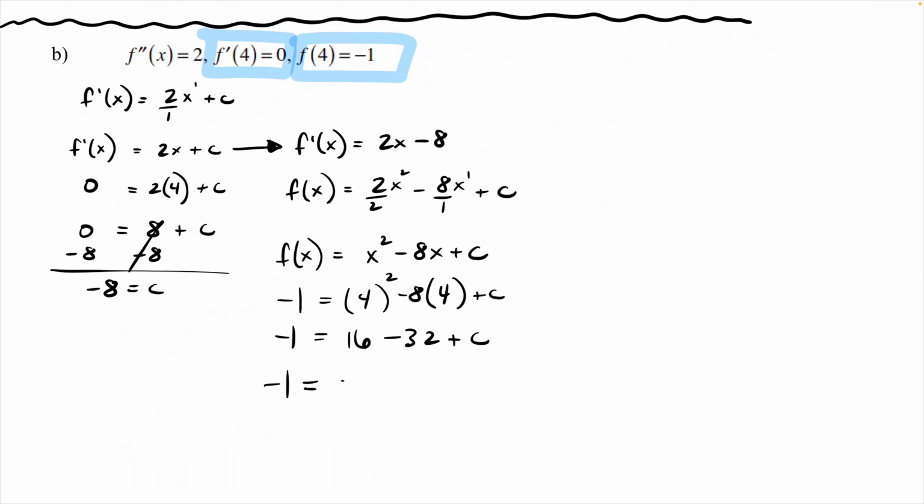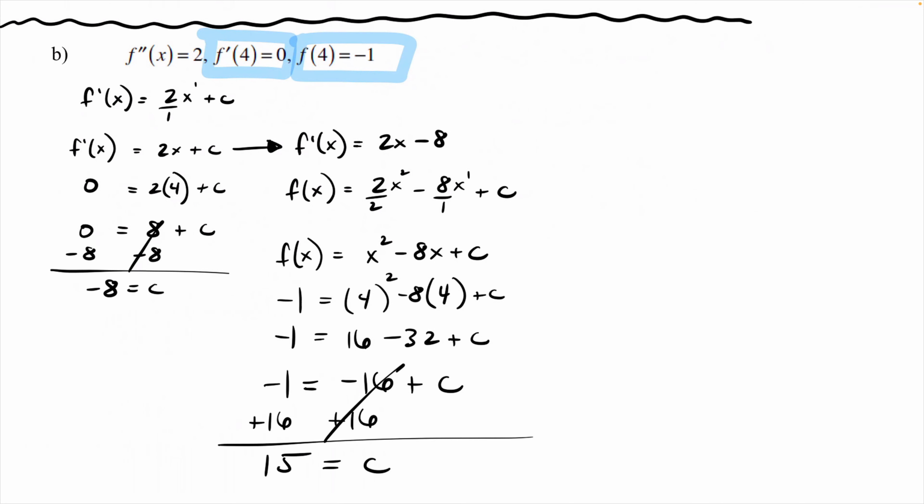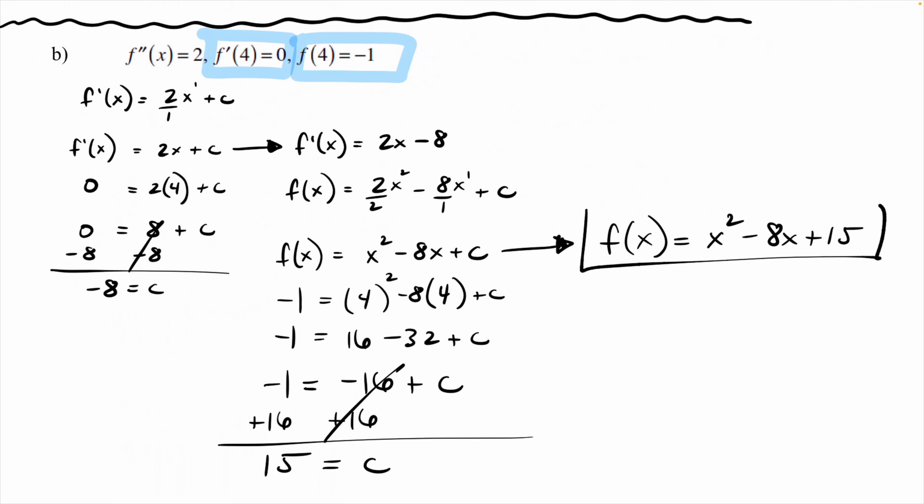Negative 1 equals negative 16 plus c. Add 16 and you get c is 15. So I'm going to go back to the original that had c in it. And now I know that for those conditions to be true, c has to be positive 15. And there's the original.